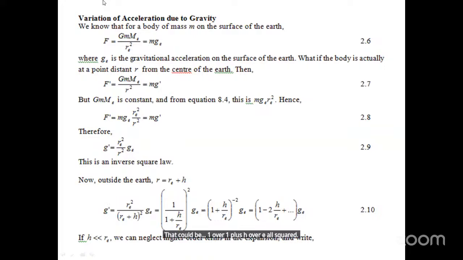We factor out Re in the denominator. We now have Re squared, right? What we have underneath is 1 plus h over Re. Can you see that? Then Re squared on top is the Re squared that comes from the bracket underneath. So what we have will be 1 over 1 plus h over Re all squared g e, which is 1 plus h over Re to the power minus 2 g e.